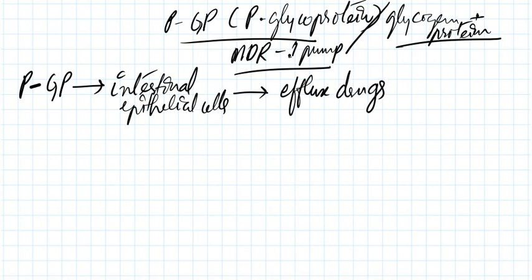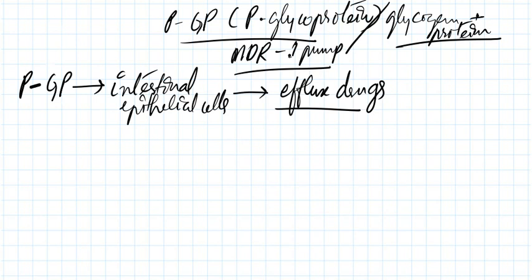It simply helps in the excretion, or pushing out the drugs to the outside of the cell. That is called efflux of drug. Influx means it is carrying inward into the cell. Efflux means it is pushing outward to the outside of the cell. That is extracellular, that is outside of the cell, right? So it helps in efflux of the drug. Drug efflux is done by PGP.